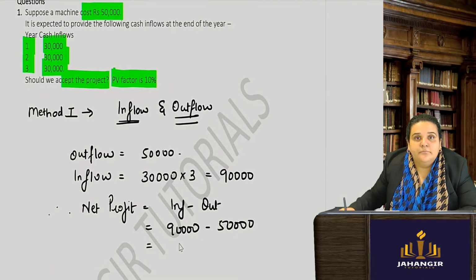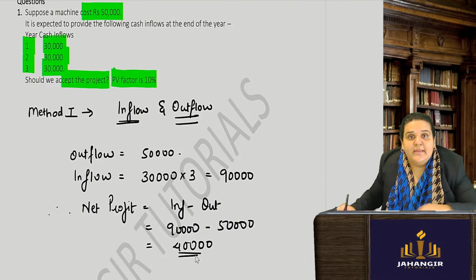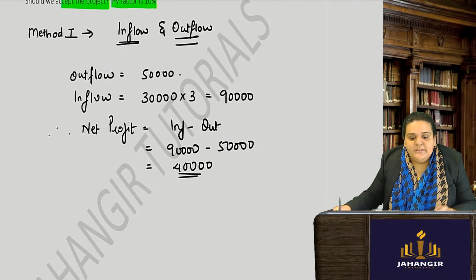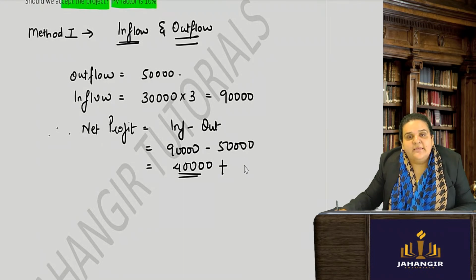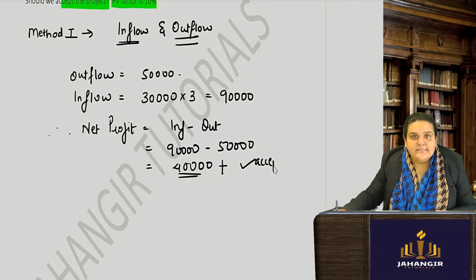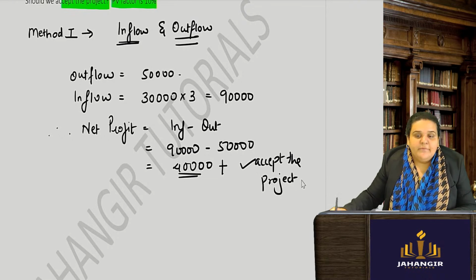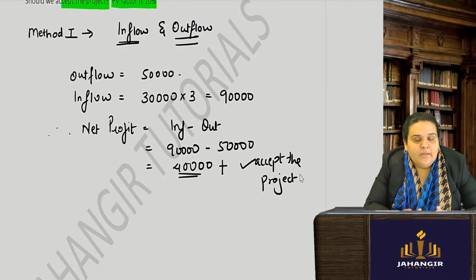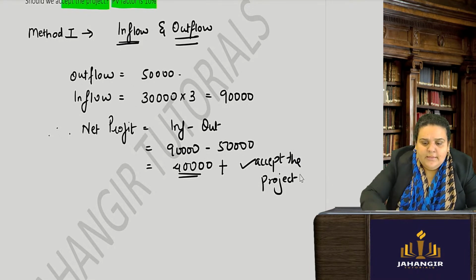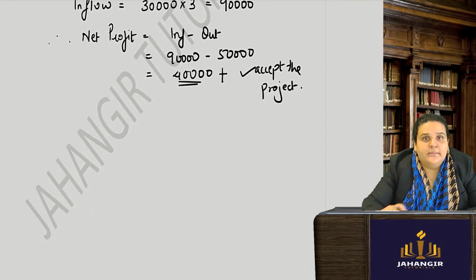That becomes 40,000. Since my net profit is positive, I will accept the project. Simple method. I am comparing my inflow with my outflow, and since there is a profit in it, I am going to accept it. Let's go to method number 2.